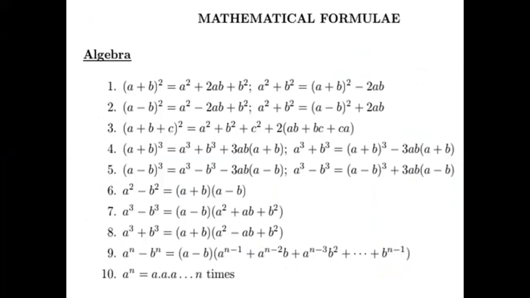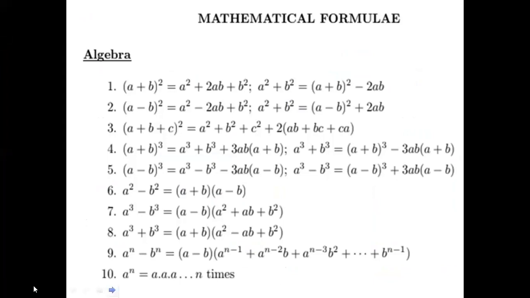Now to the formulae. We are writing some formulae which are important. First formula type is algebra, where we will see the squares, cube and power n. So the first formula is a plus b square. Do you remember? It's a square plus 2ab plus b square.